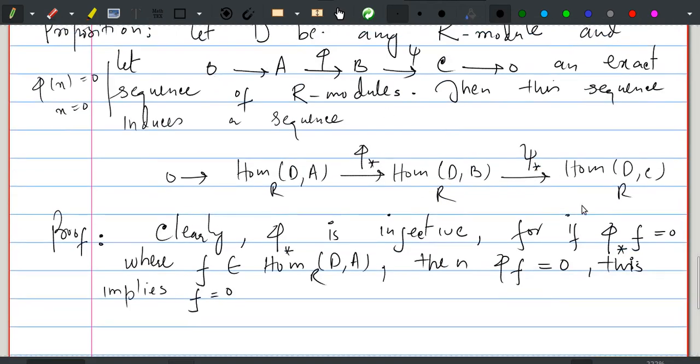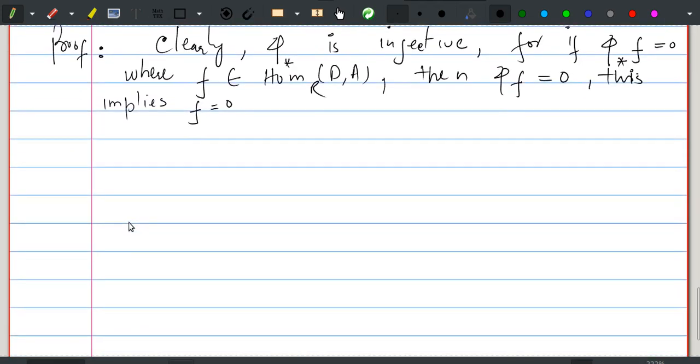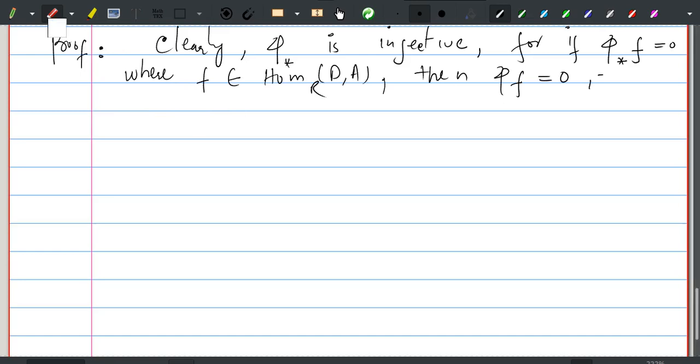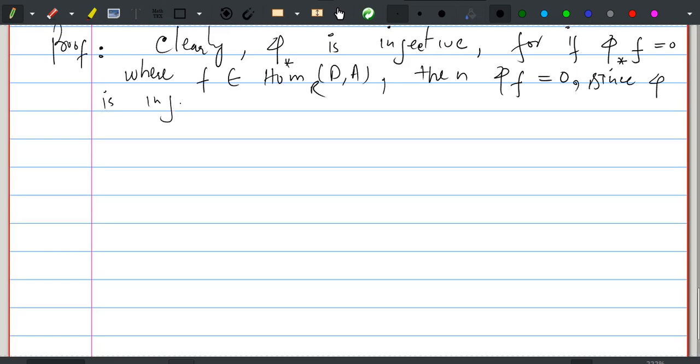Now if f is 0, that means phi star is injective. Let us write down the reason here: phi star f is 0 implies f is 0, since phi is injective. Hence phi star is injective.